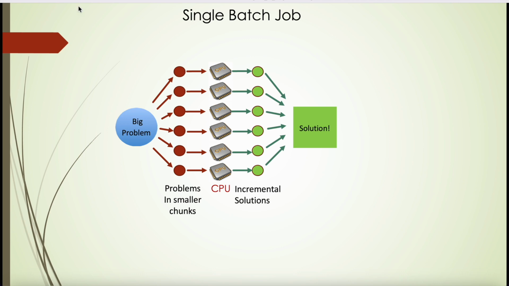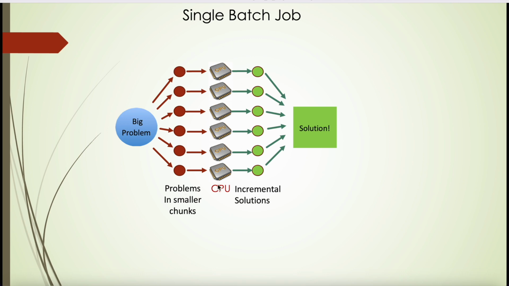Generally, with single jobs, if you have a large data set, you can split it into smaller chunks, run them over multiple CPUs, get incremental solutions, and combine them to get the final solution. This may not necessarily always be the case. It depends upon what algorithm or program you are running.